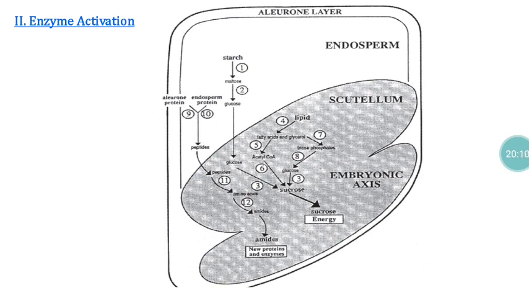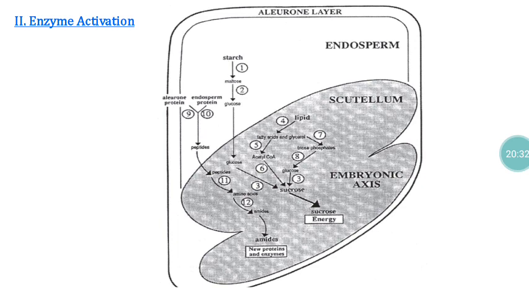The plant growth regulator associated with seed germination is GA3. The gibberellic acid produced by the scutellum diffuses into the endosperm area, where it activates the production of hydrolytic enzymes.